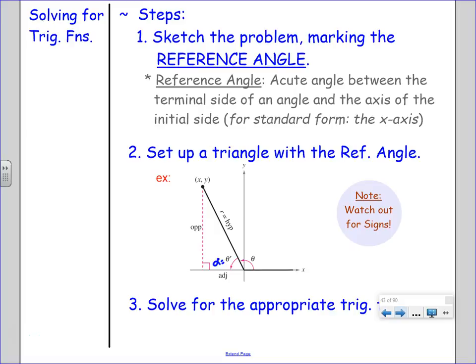Based on the problem at hand, we want to fill in as much as we know. We might not know everything, but we want to fill in as much as we know. However, we have to be super careful for signs. Because if you were just doing geometry, signs don't matter. We're just talking about lengths.